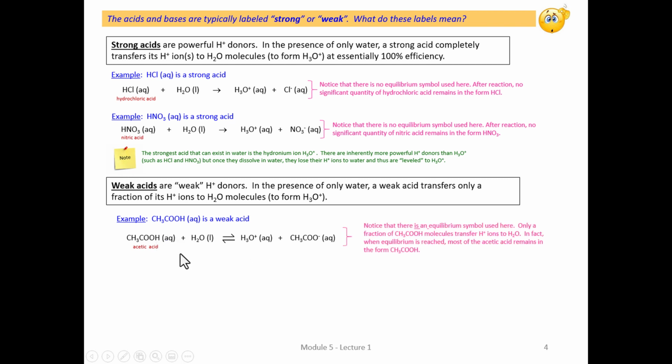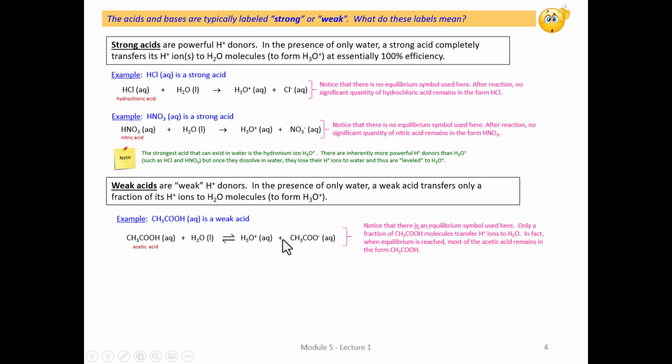Now, as you might guess, a weak acid would be a weak H+ donor. If we define it in a similar way here, we'd say in the presence of only water, a weak acid transfers only a fraction of its H+ ions to water molecules to form hydronium ions. So our example of the weak acid, acetic acid, would be written, of course, with an equilibrium sign, and what we're saying here is that acetic acid can donate some H+ ions to water, but it turns out that this reaction left to right does not go to completion.